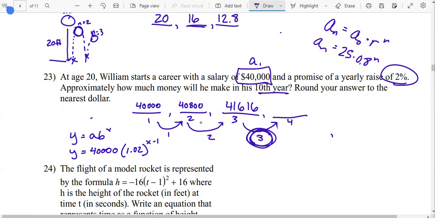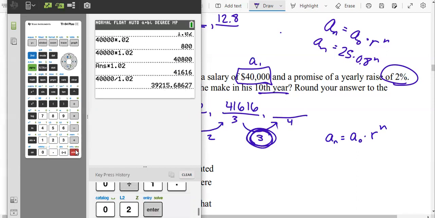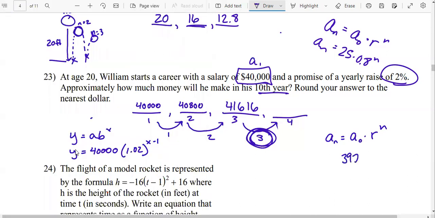If you think of it as a sequence, any term is equal to the 0th term times the ratio to the n. So we would need to do, say, if there was a 0th year, how much would he make? 39,215.69 times 1.02 to the n, or to the x.